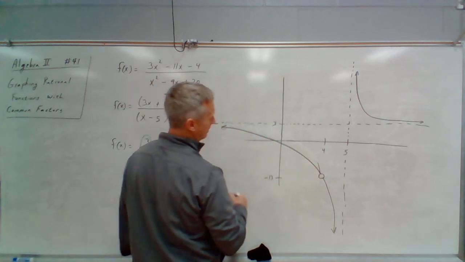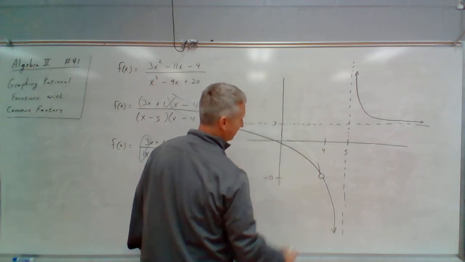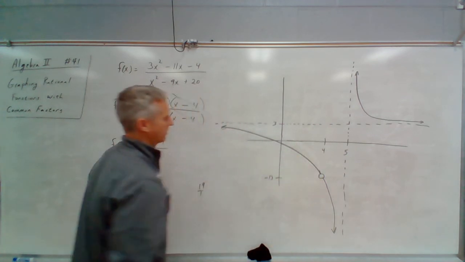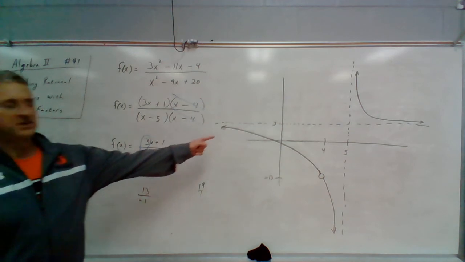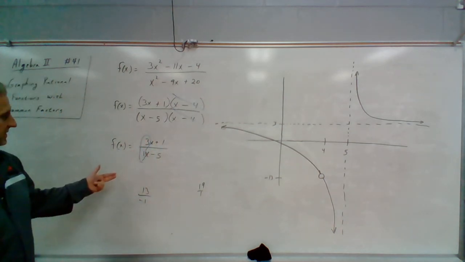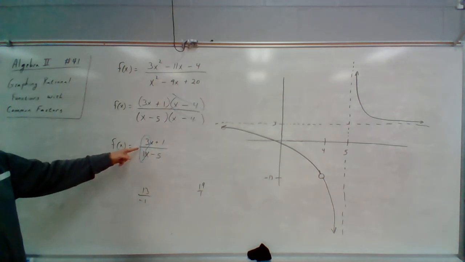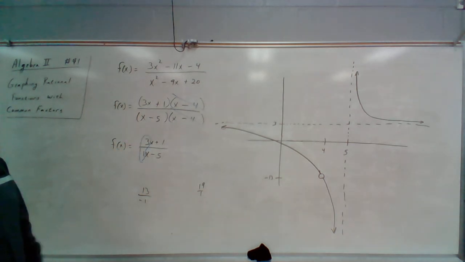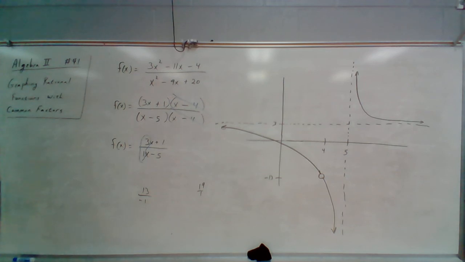There we go. That looks a little bit better now. Awesome. But still, it should go out this asymptote. So if I plug in something like negative 1,000, you should get something really close to 3. And you would, yes. All right, so there's a rough graph of that function.